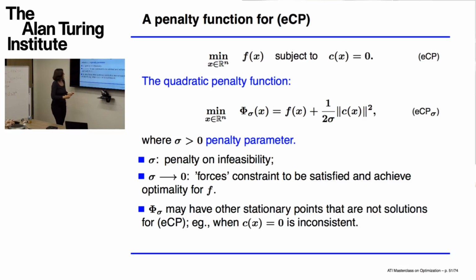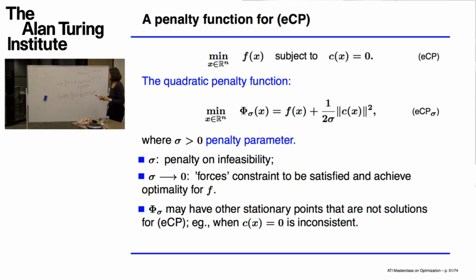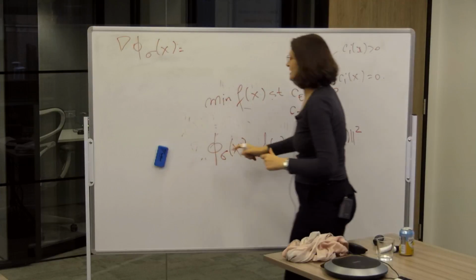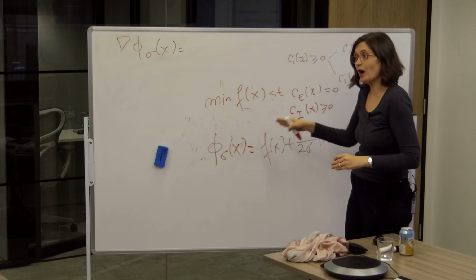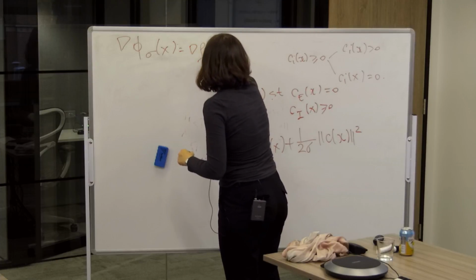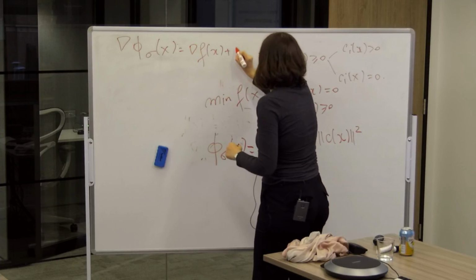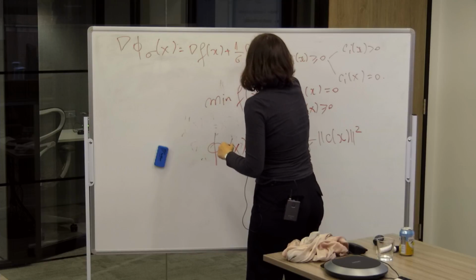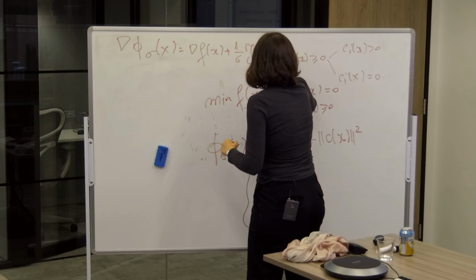Of course, because all these functions involved here are non-convex, this could have other solutions than the solutions of my original problem. But there is a correspondence. In particular, you can see that if I write my first order optimality conditions for my penalty function, so now I will just do unconstrained minimization applied to phi, what I get here is 1 over sigma times the Jacobian of the constraints transpose times c of x.